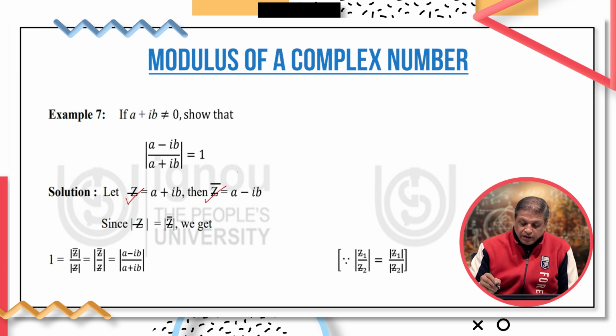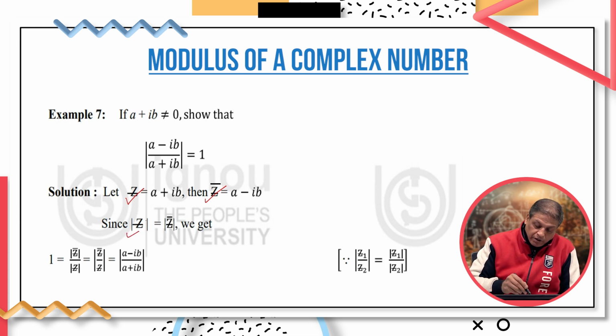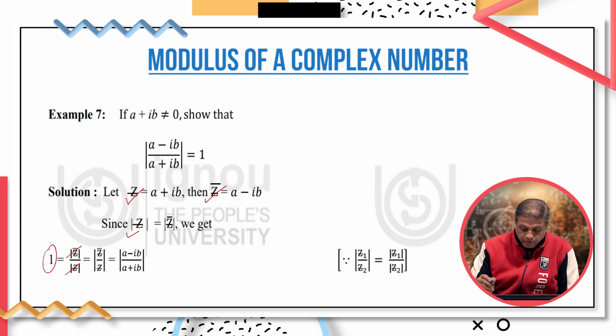We learned that the modulus of a complex number is equal to the modulus of its conjugate, and that the modulus of the division of two complex numbers is equal to the division of their moduli. Because modulus of z is equal to modulus of z bar, these two will cancel, as a result of which the answer will be equal to 1.